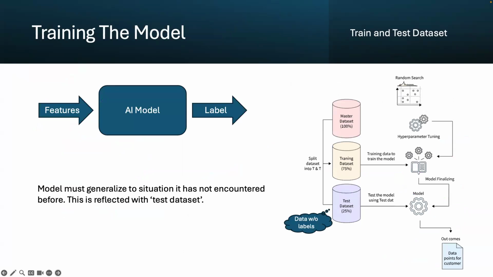Let's say we want to predict house prices. We would have a master data set of all the houses that have been sold in the last so many years, and we would collect all those details and the different parameters of these houses, for example, the square footage or the location or the number of bedrooms.